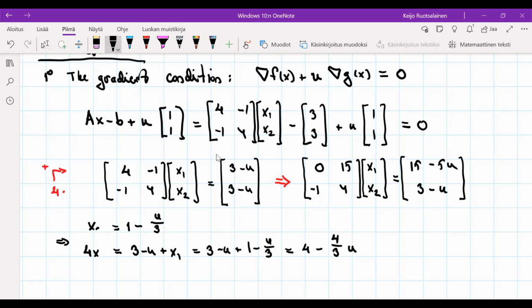So here is x2, and here I have minus x1 equals 3 times 3 minus u minus 4 times 1 minus u over 3.